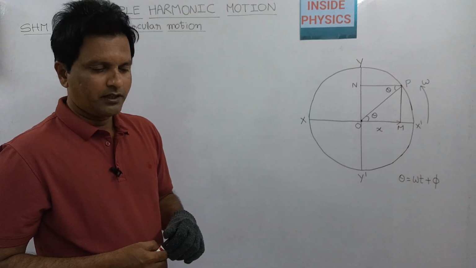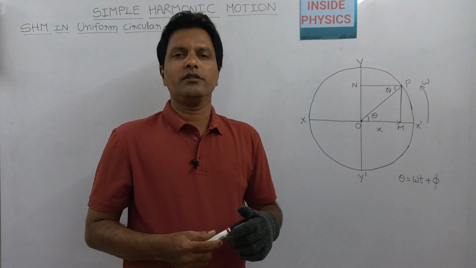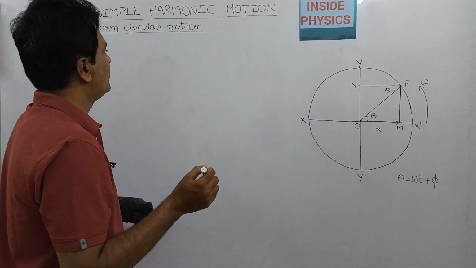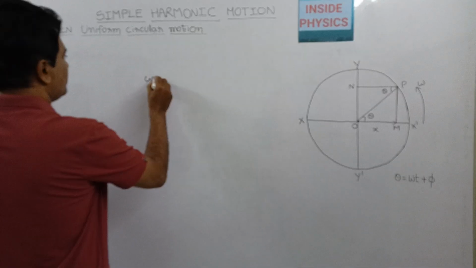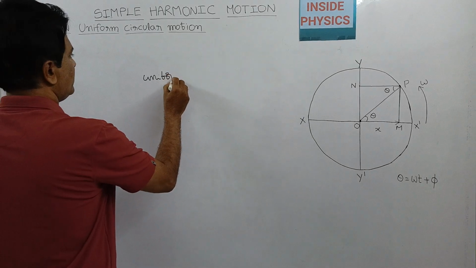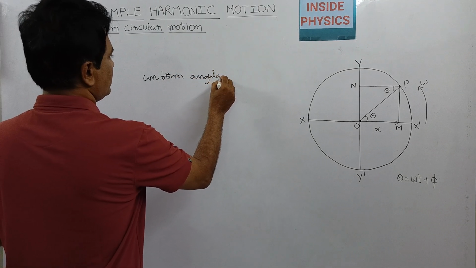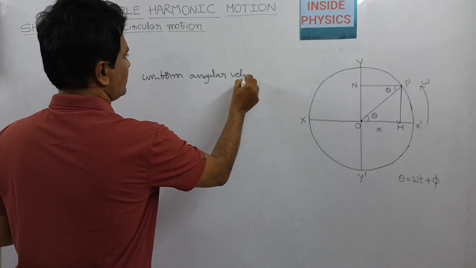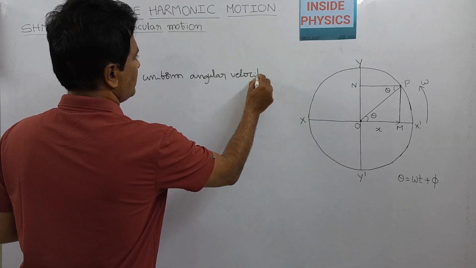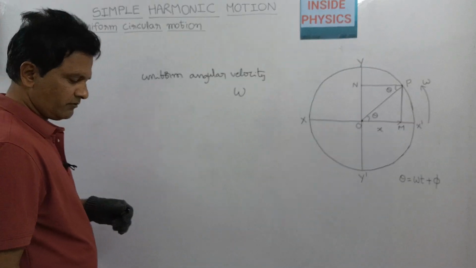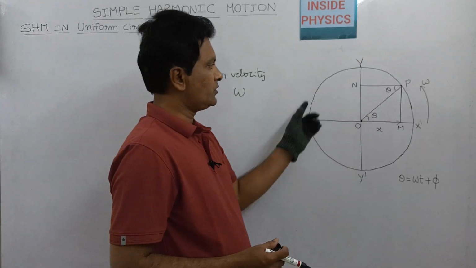When can we say a particle is executing uniform circular motion? If it is moving with uniform angular velocity, which is represented with omega, then we can say a particle is moving with uniform circular motion.